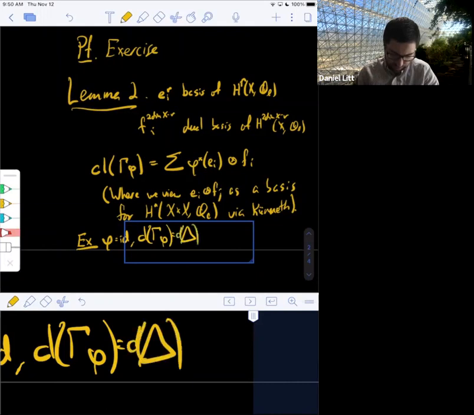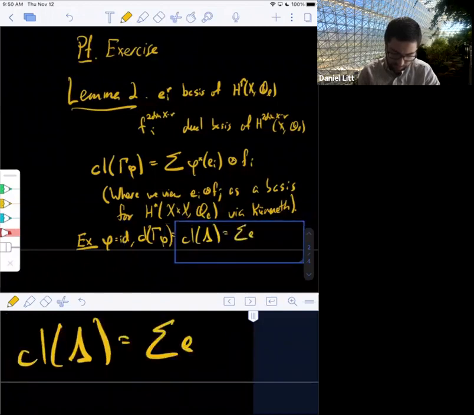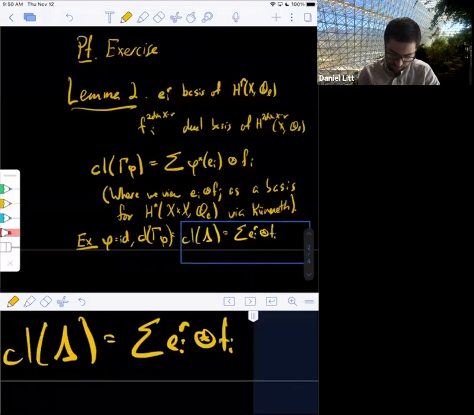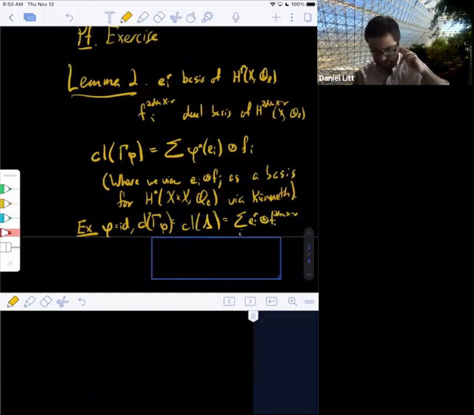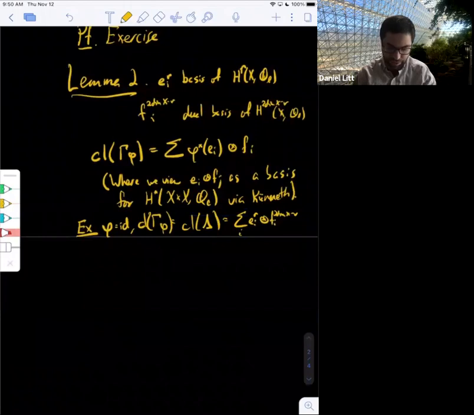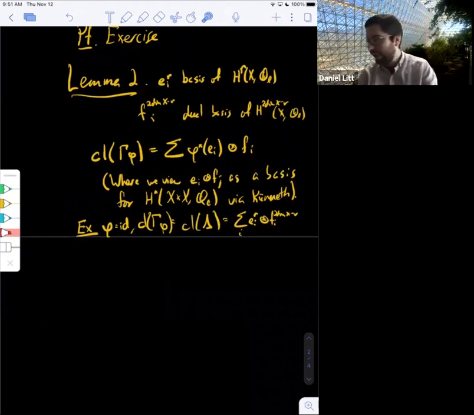So the class of the diagonal is the sum of e_i tensor f_i, where this is 2 dim X minus r. Why is that? Well, it's because pulling back e_i through the identity is just e_i, because the identity acts via the identity map on cohomology, just like it does on the output of any functor.